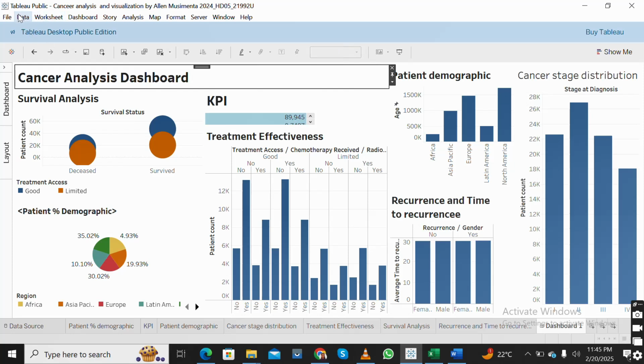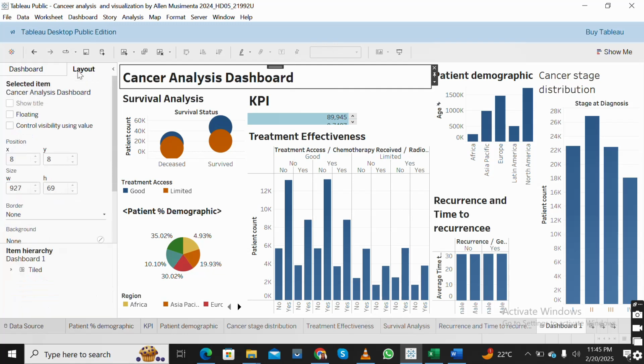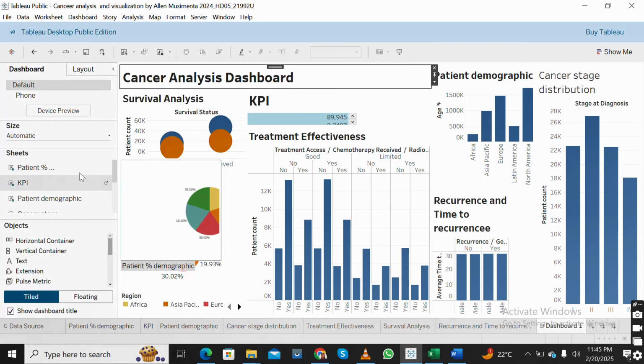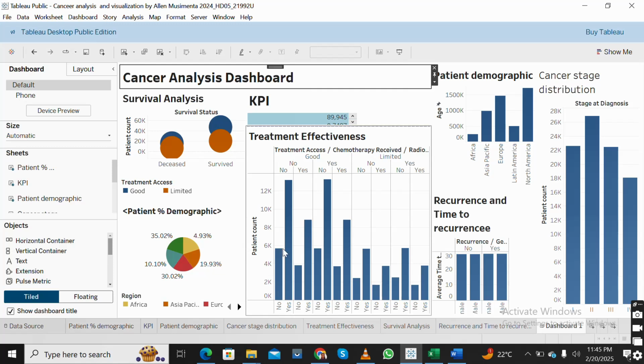You go to dashboard, you create a dashboard, you give it a name, and then when you come here, you're able to drag and drop different graphs and charts to the dashboard. So when you see the survival analysis, the patient demographic, the treatment, the recurrences, the cancer stages, all these that I've been explaining, it's how it came about.